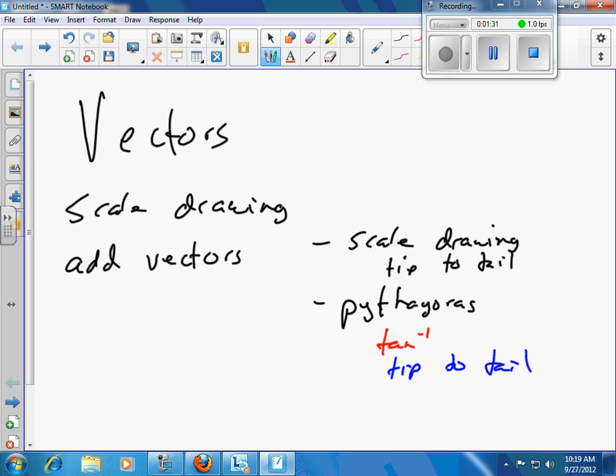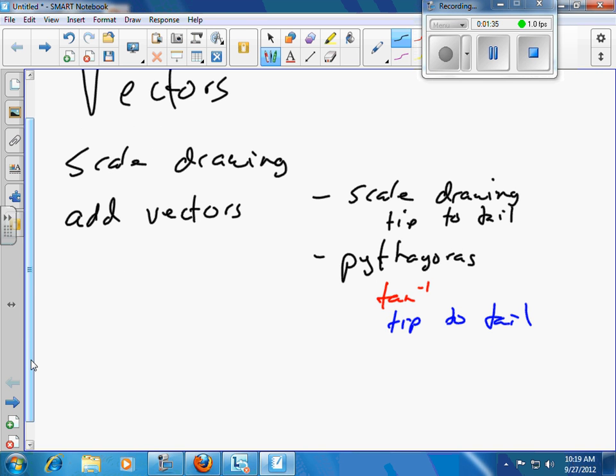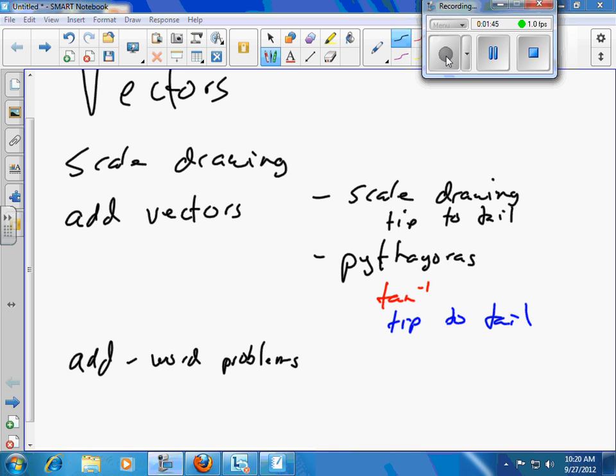Okay? Now, under adding vectors as well, there'll be some basic ones, and then there'll be some word problem ones. Adding in a word problem format, so it won't come out and say, add these vectors, you have to recognize it's an adding word problem.